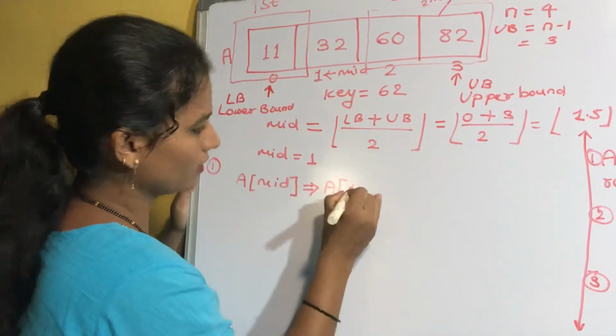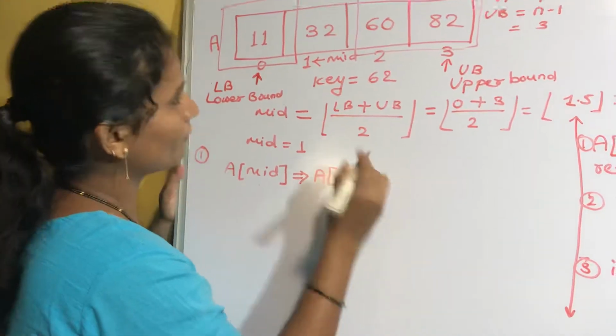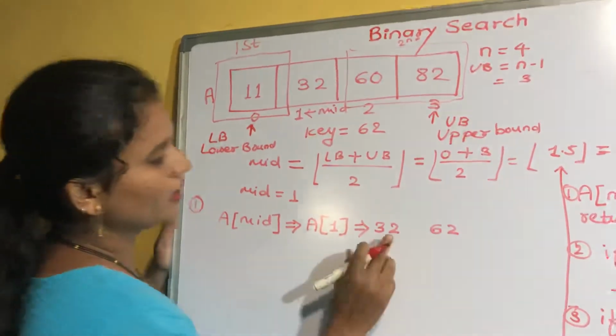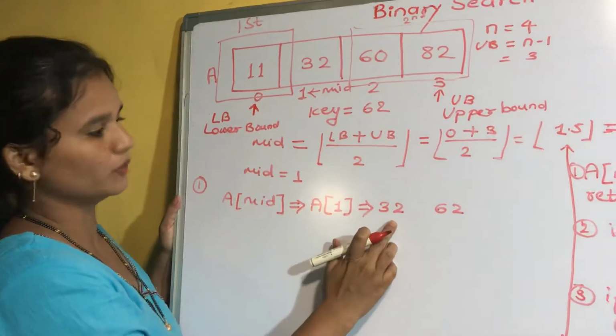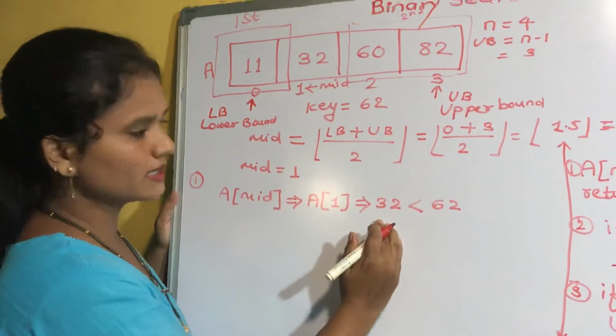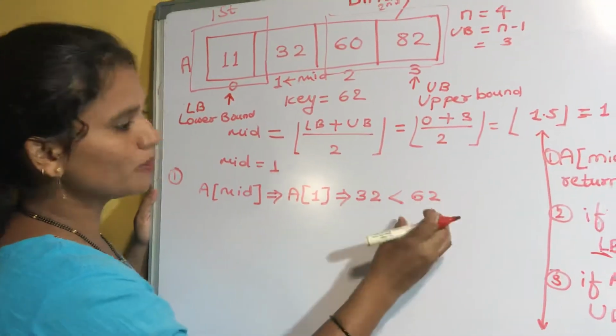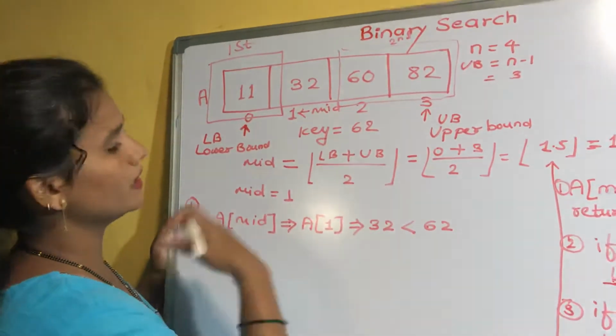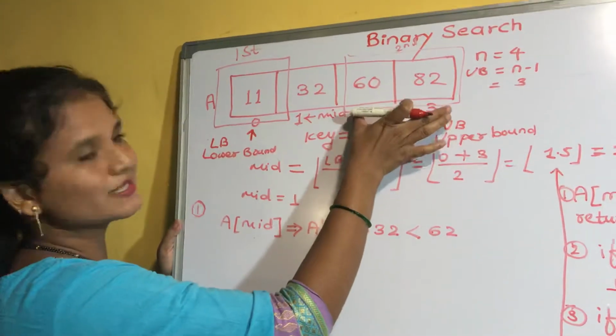Mid value is 1, so A of 1. What is A of 1 here? 32. Now compare our key element with this mid element. So 62 is greater than 32, isn't it? This means 62 should be present in the right half, or we can say in the right sub-array.